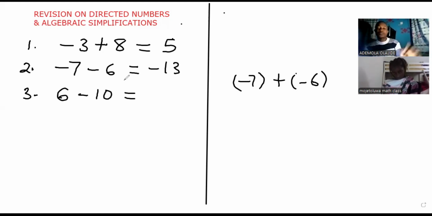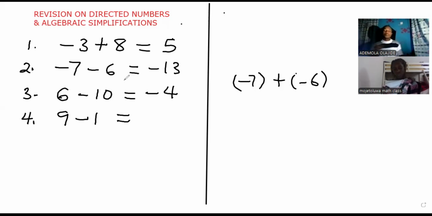So for number 3, we have 6 minus 10. What should that give us? This is going to give us -4. Then number 4, the positive one is 9, while the negative is 1.